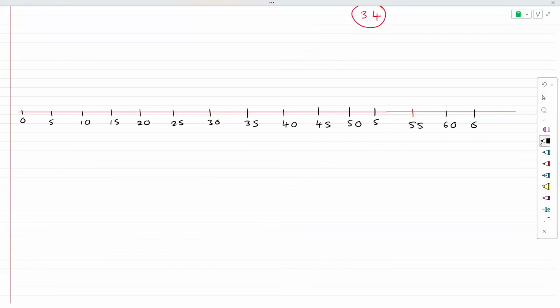I wrote two 50s, so that's 55, 60, 65, 70, and 75.